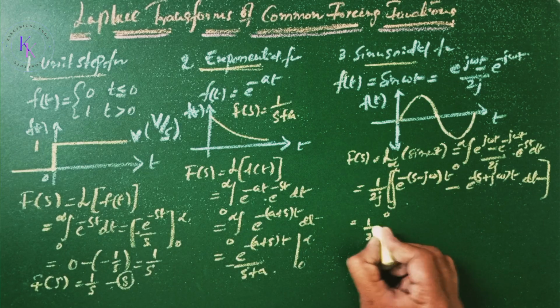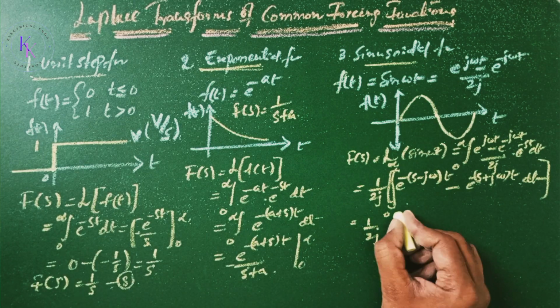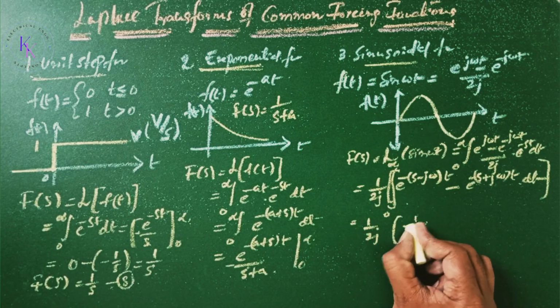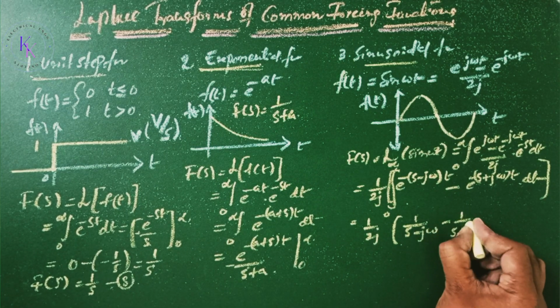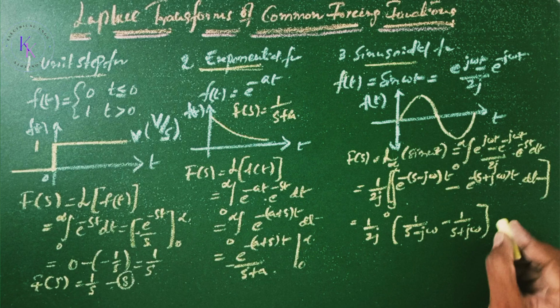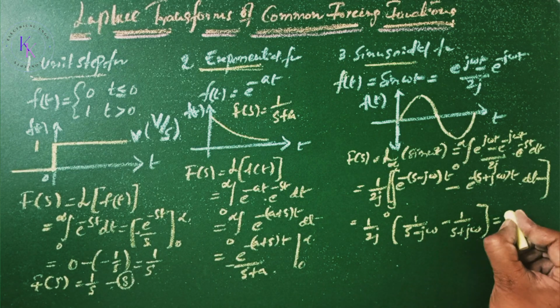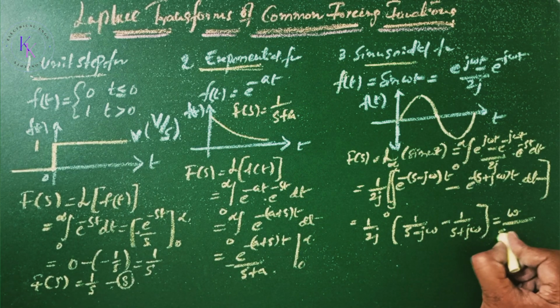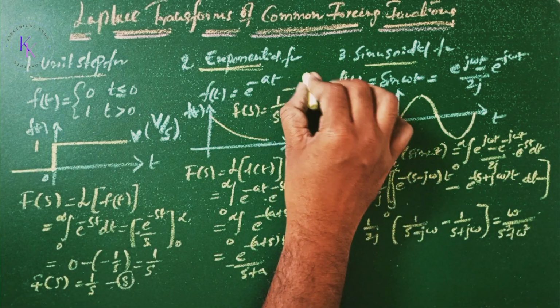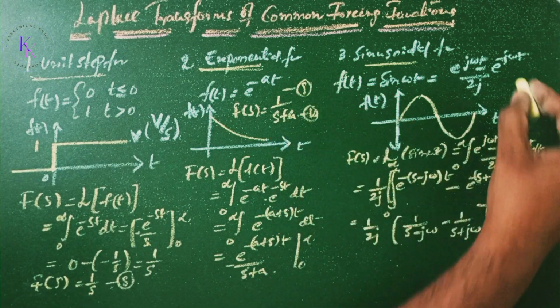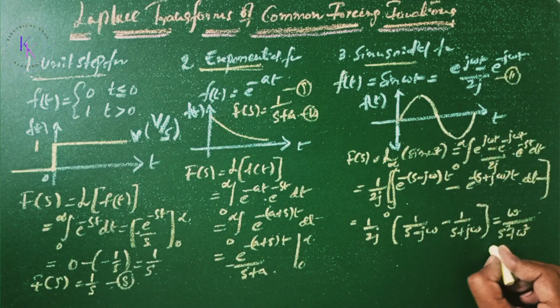If you do that, you are going to get 1 by 2j of (1 by s minus j omega, minus 1 by s plus j omega). Then if you simplify this, you get omega divided by s square plus omega square. Let this be 9 and this be 10, then this is 11 and this is 12.